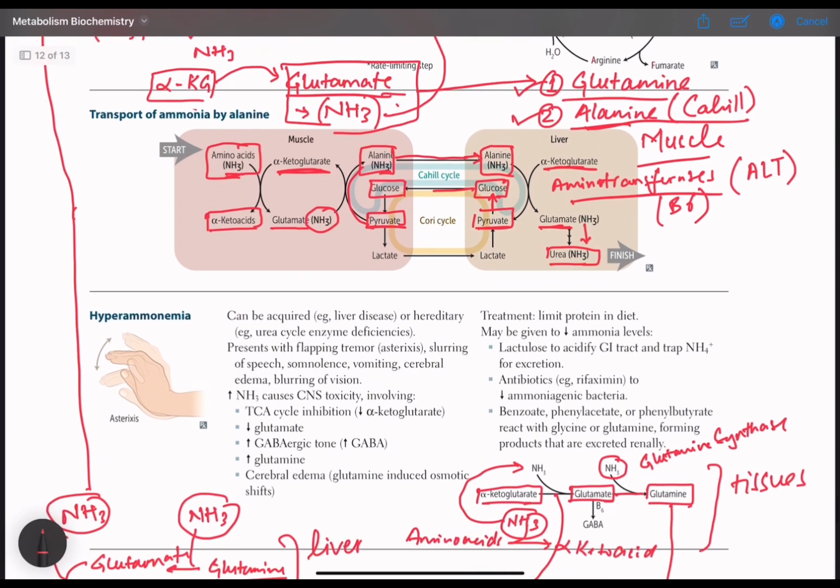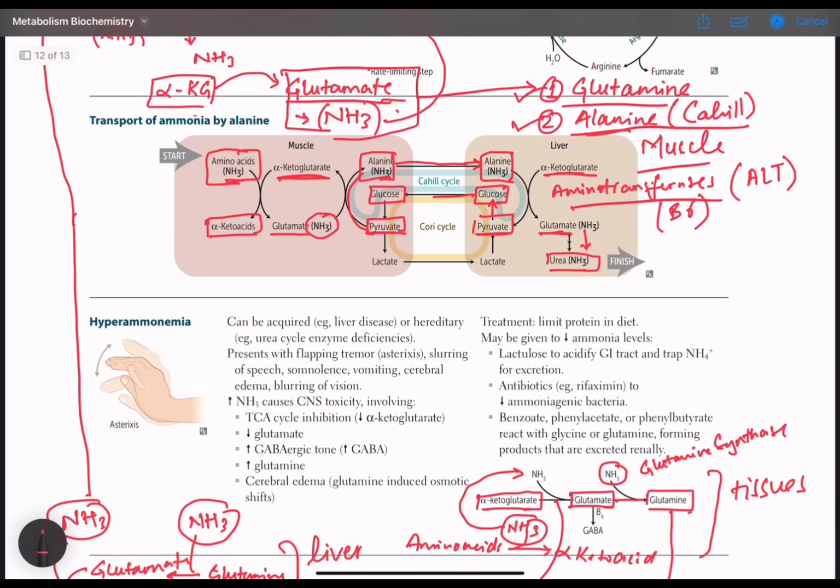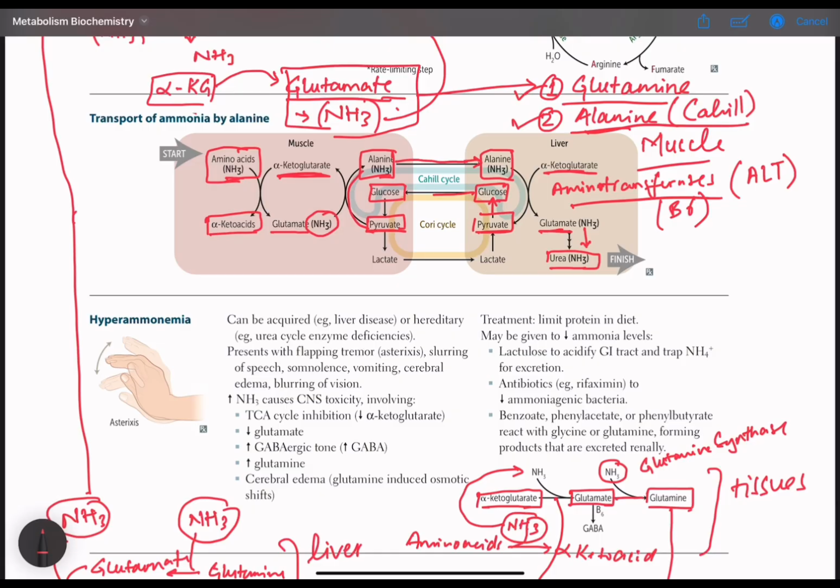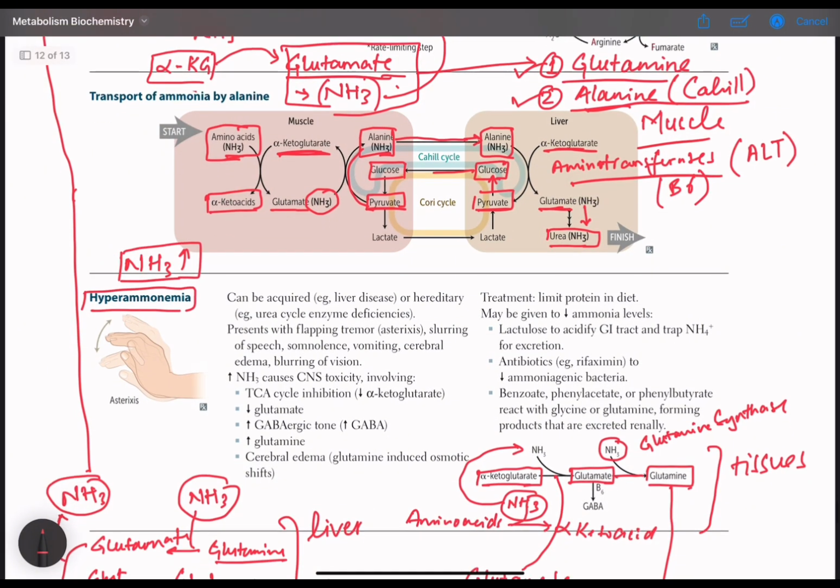Now, if there is any pathology or disturbance in the handling of this ammonia, and the ammonia increases in our body, it leads to a state known as hyperammonemia. It can be due to two reasons.